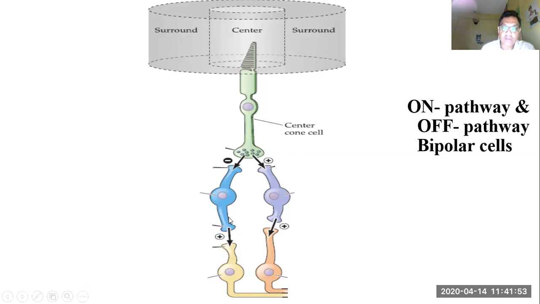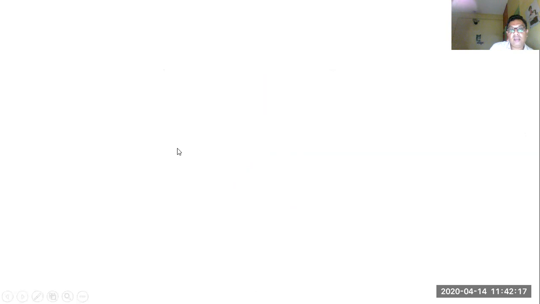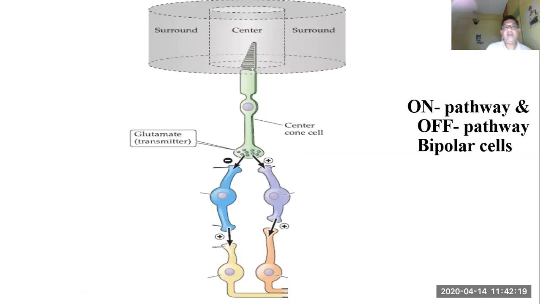This is the on variety, this is the off variety. So the on variety, how does it respond to light falling on the photoreceptor? Light falling on the photoreceptor will hyperpolarize the photoreceptor. Thereby, glutamate transmitter will be less.